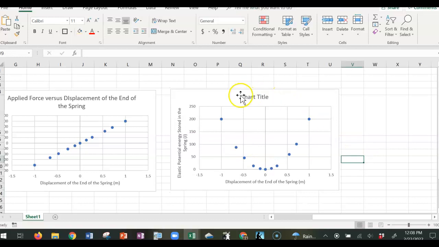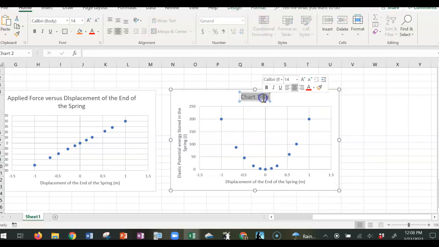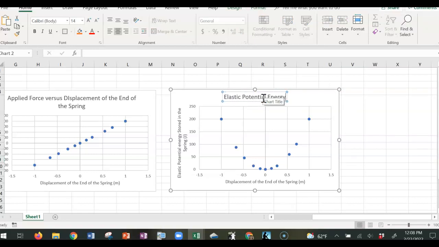And the title above the graph should say elastic potential energy stored in spring versus displacement of the end of the spring. Quite a mouthful.